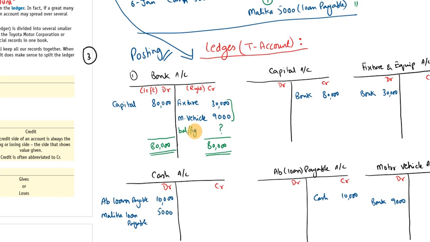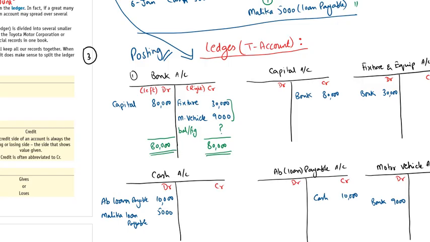We will balance the amount on the lower side. So the credit side is lower, that is 39,000. What will be the value if we subtract 80,000 minus 39,000? What will be the remaining answer?